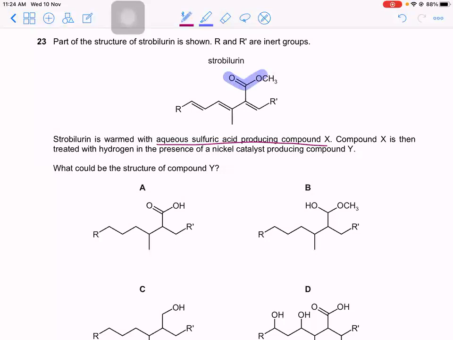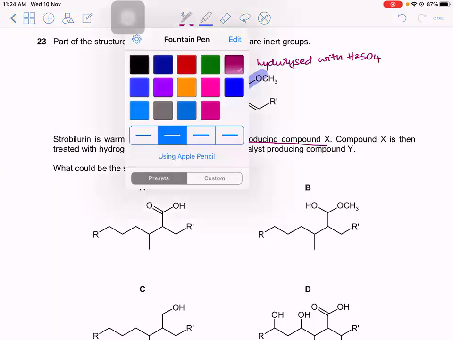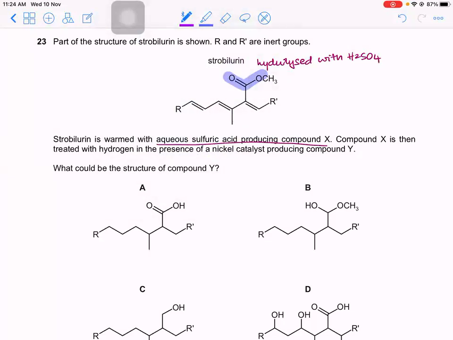So this ester linkage can get hydrolyzed with H2SO4 and will hydrolyze to give you what? Carboxylic acid and alcohol. On this side, I told you everything with the C single bond O is the alcohol. So what will be your alcohol? CH3OH. And the rest of all of this will be your carboxylic acid.